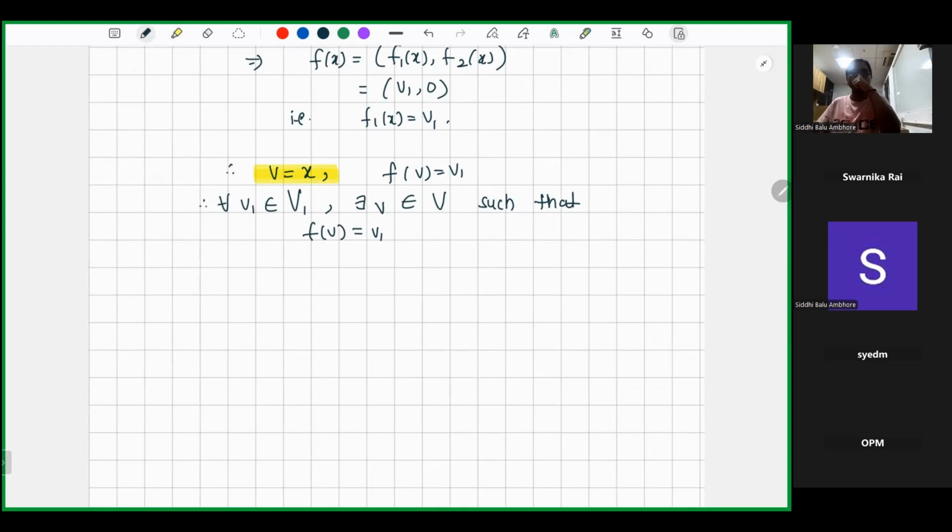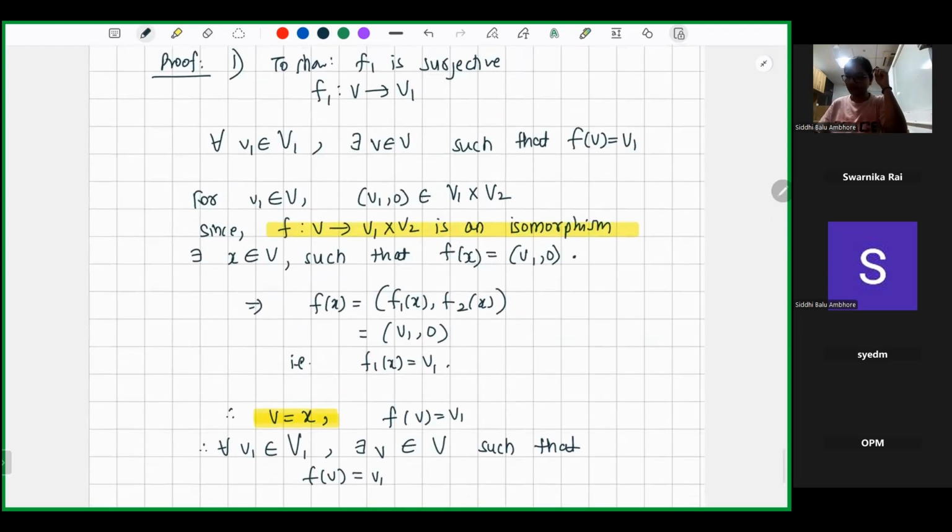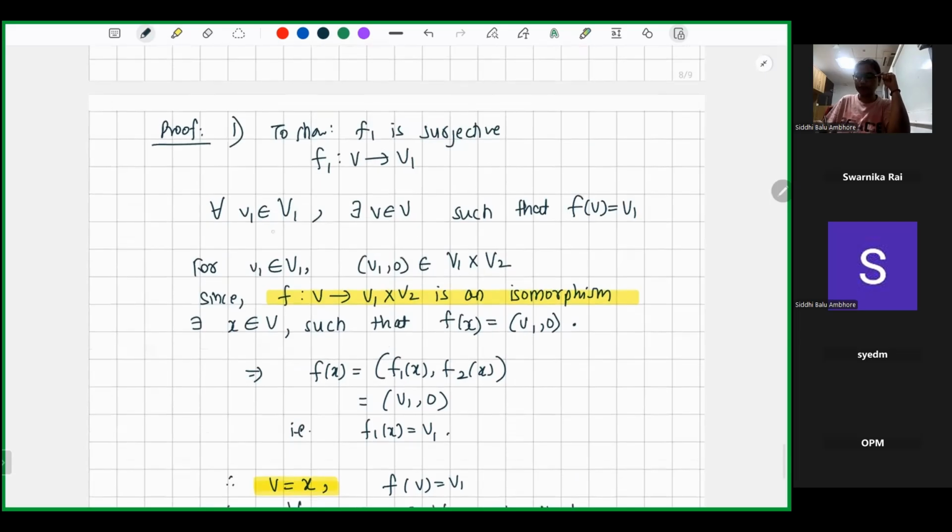Can you go a little above? Where did the 0 come from in this (v1, 0)? We have to make use of this map F. F is from V to V1 cross V2, and it is such that F of v is (F1 of v, F2 of v).